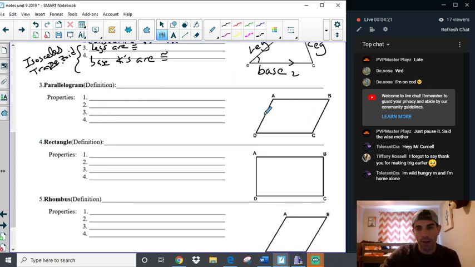The first property is that opposite sides are congruent. Also, opposite sides are going to be parallel, so here I can write and parallel.